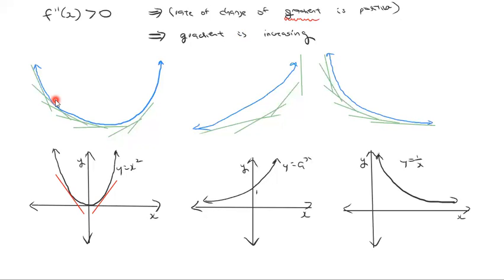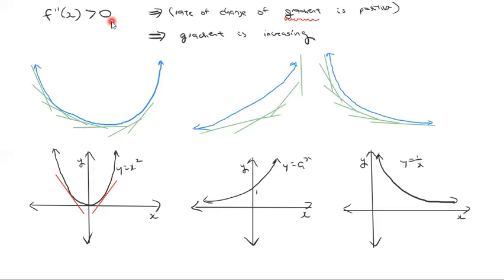So at one point, the gradient is negative on the left. At one point, the gradient is positive on the right. But we're saying that the second derivative is positive the entire time. So we're trying to figure out what the second derivative represents. Does that make sense?